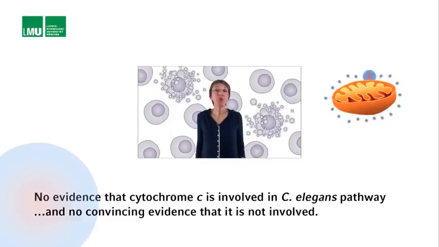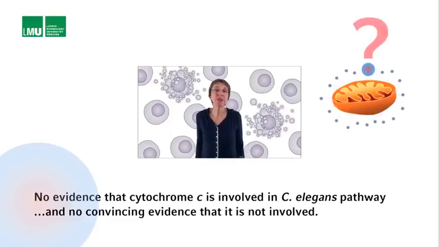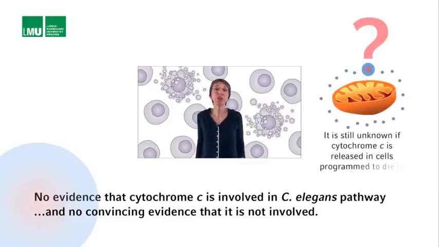Is cytochrome C released from the intermembrane space in the 131 cells that are programmed to die? We have tried to determine that, but ran into technical problems, which we have not yet solved. Therefore, at least as far as I know, it is still unknown whether cytochrome C is released in cells programmed to die in C. elegans.